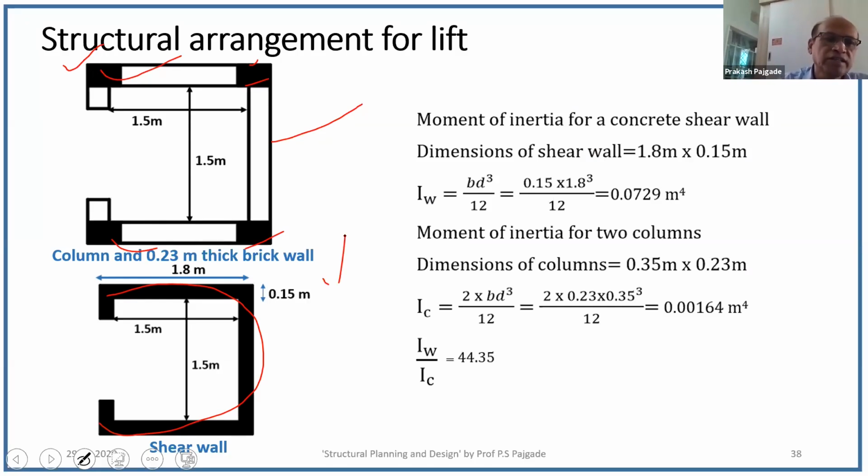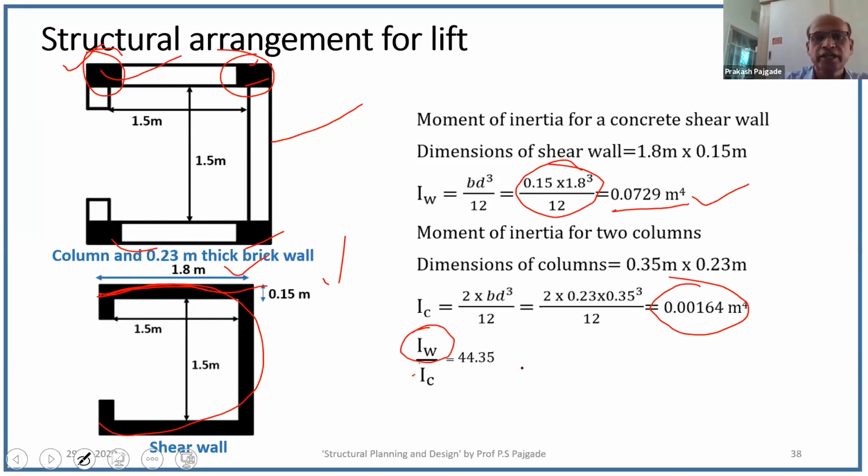Now, if I consider a 1.8 meter long RCC wall, then I can calculate the moment of inertia for this RCC wall by the normal equation, and this is the value of the moment of inertia for this wall. And if I calculate the moment of inertia for these 2 columns, then this is the value. Now if I take the ratio of the moment of inertia of the wall to the moment of inertia of the columns, this ratio will be 44 times.